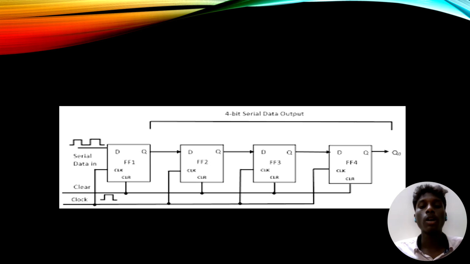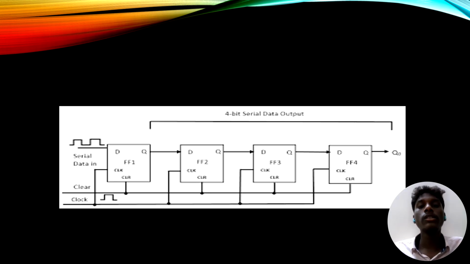Similarly, on each clock pulse, the data shifts one position to the right from FF1 to FF4. After 4 clock pulses, the flip-flops hold one bit each, forming a 4-bit binary number.